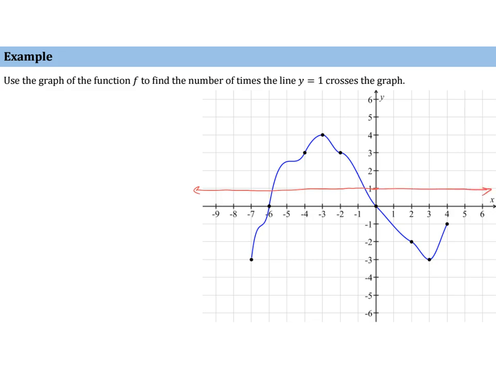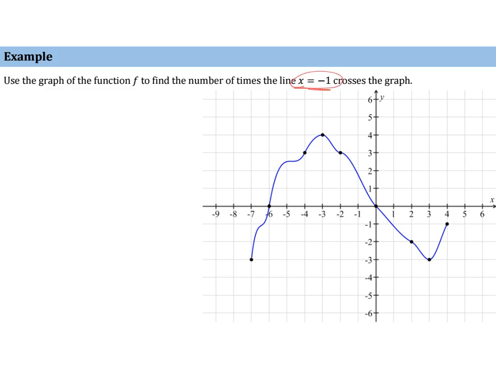So, how many times do we cross that line? We cross there, and we cross there. So, we cross twice.